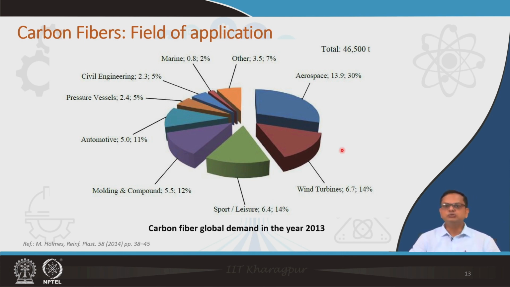Everywhere there is huge use of carbon fibers. This data is of 2013, so basically 10 years old, and you can see how much carbon fiber is used annually. It is quite a high amount.